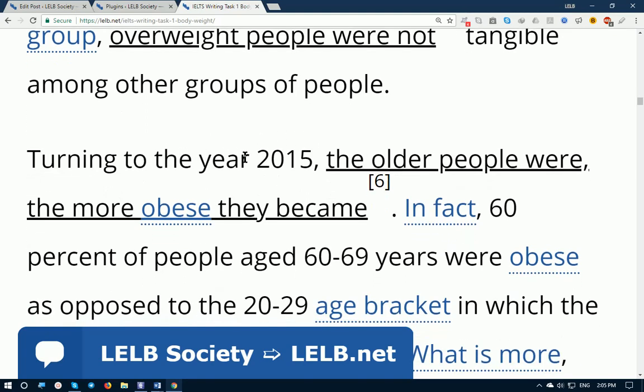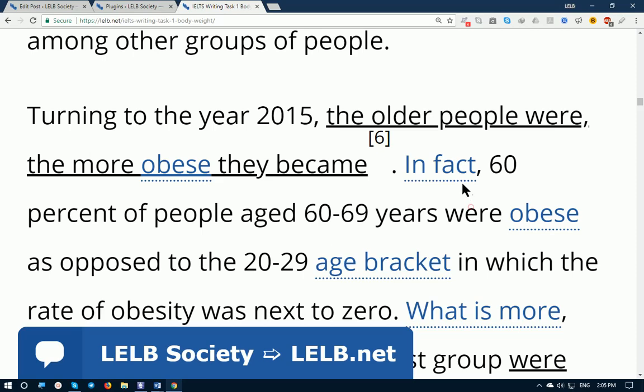Turning to the year 2015, the older people were, the more obese they became. Actually, this structure is grammatically wrong, and it becomes ambiguous. We don't have such a grammar structure. And in fact means actually.